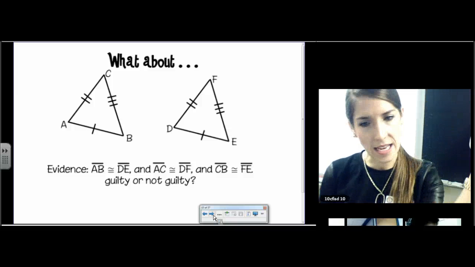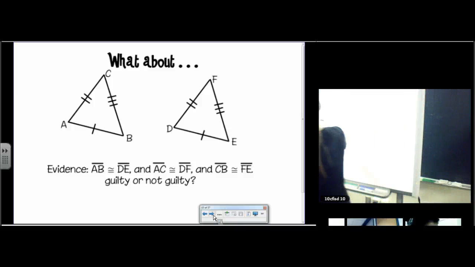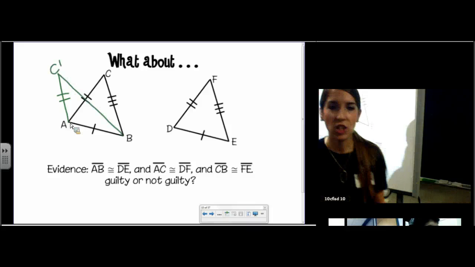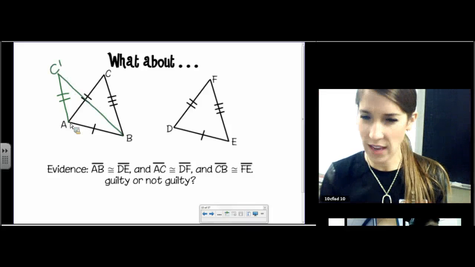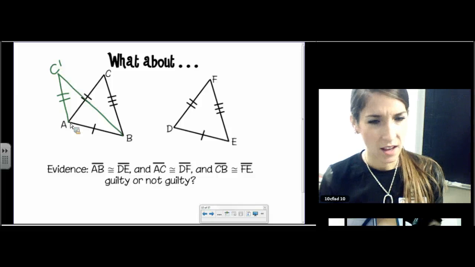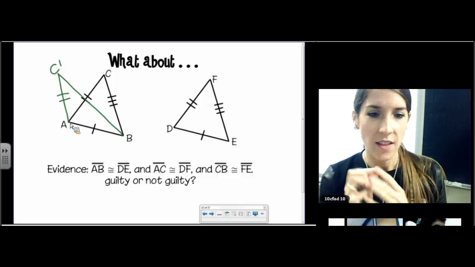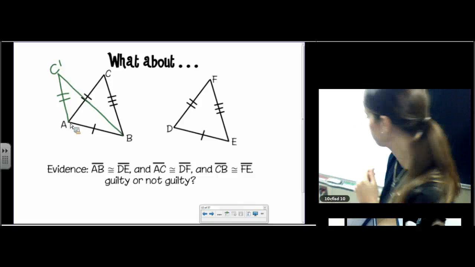Could I pivot AC? What would happen if I pivoted this? I don't even think that's the word, pivoted. Well, if I pivoted that, then to reach BC would get too long. BC wouldn't match FE anymore. So I think that if we have 3 sides matching 3 sides, that we're locked in. The angles are locked in and they can't move.